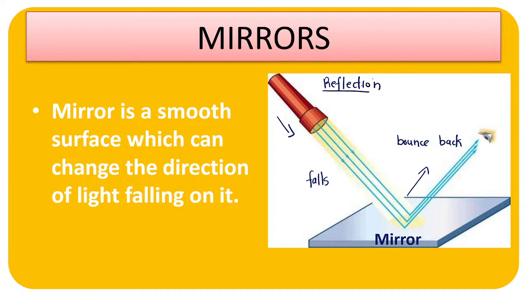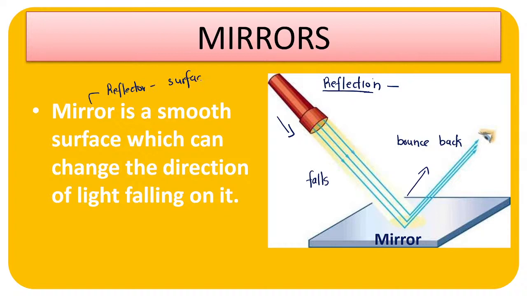So when light strikes a smooth shining surface, it is going to bounce back. It is going to come back from that surface. That property of light is known as reflection. So here the mirror is acting as a reflector. What is a reflector?